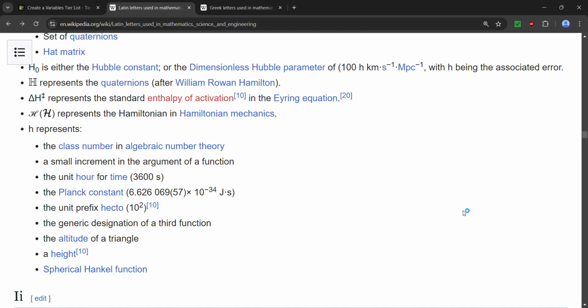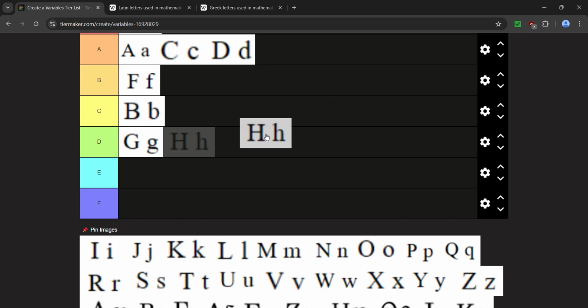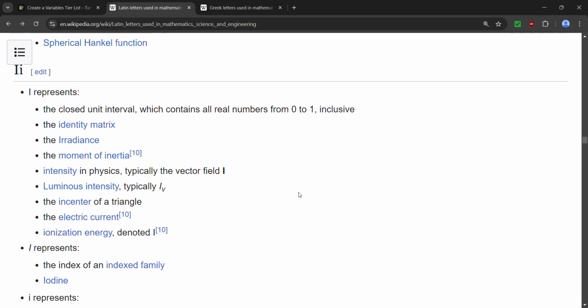It feels a little bit wrong to include the units of time like hours, days, and seconds in here, but I'm not going to weigh those very heavily. Besides Planck's constant, I don't think there's much going for H in my opinion. So it might be sitting there with G in D tier.